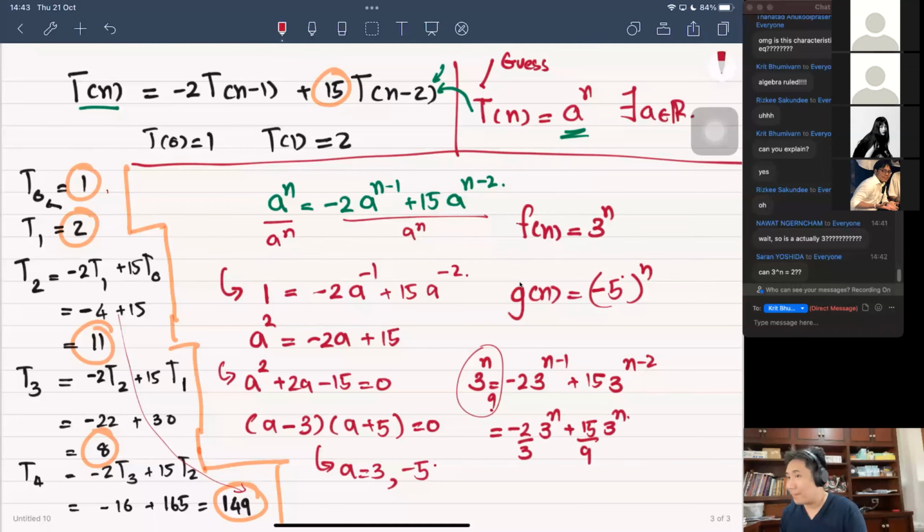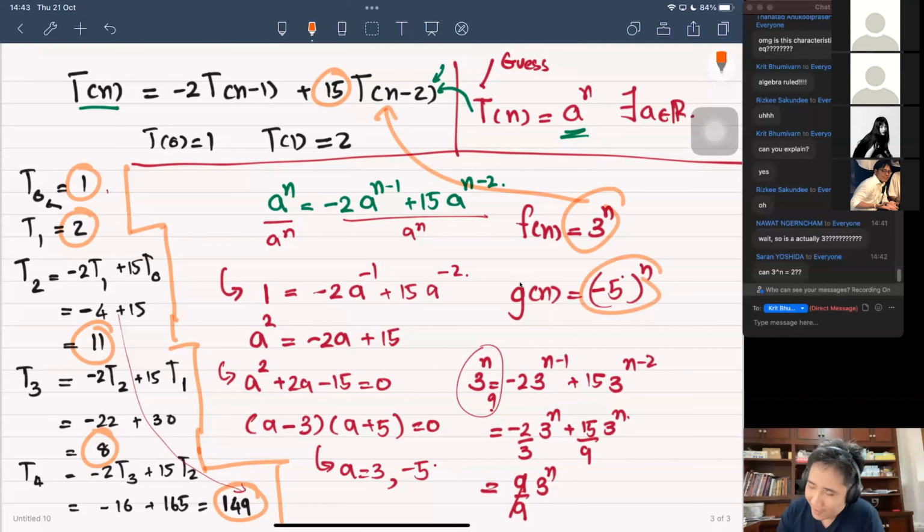If you add them up, what do you get? You get exactly 9 over 9 times 3 to the n, which is 3 to the n. At least we know that this one satisfies this. You can do the same thing for minus 5, and you're going to get this satisfying this.